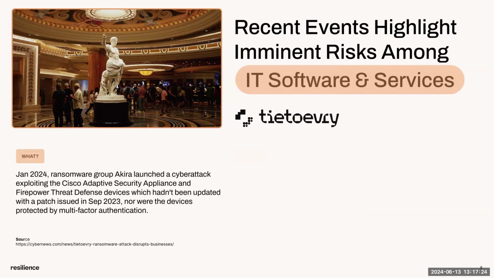They were also attacked by a ransomware group, Akira, which exploited the Cisco Adaptive Security Appliance and Firepower Threat Defense devices, which had not been updated from a vulnerability patch that was issued earlier in the prior year. Not too much earlier, though, just a few months prior. Nor were the devices in this particular case protected by multi-factor authentication.